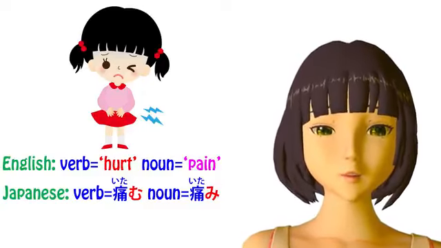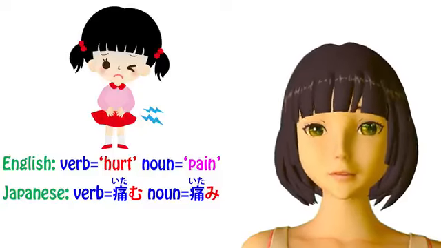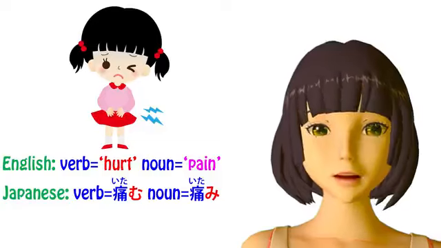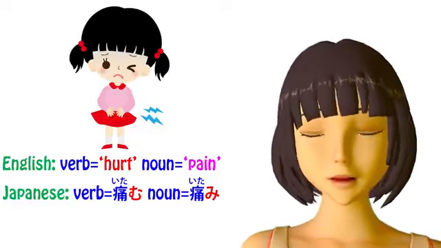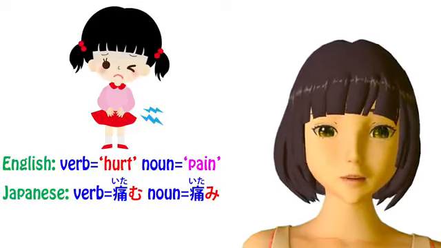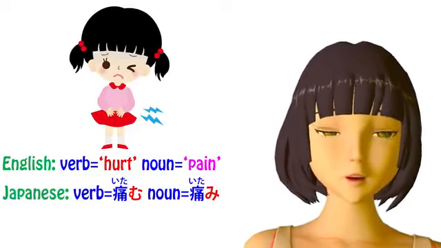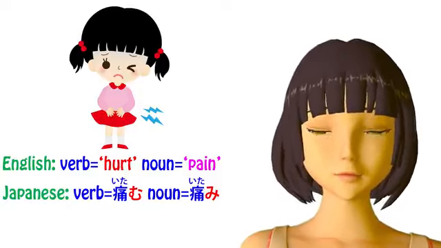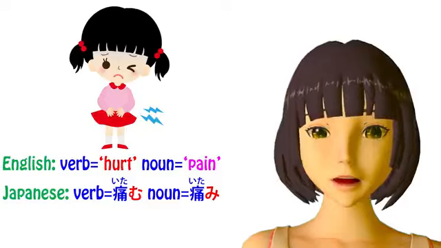Again, we have a noun form of hurt, which is pain. And this is very important because not only does it give us this whole range of verb-formed nouns, but it also plays a role in other structures which are very rarely explained by the textbooks.